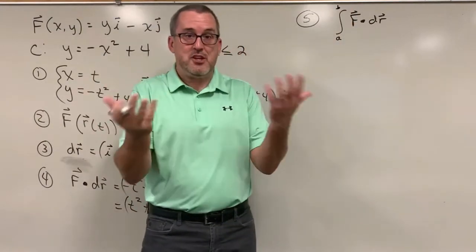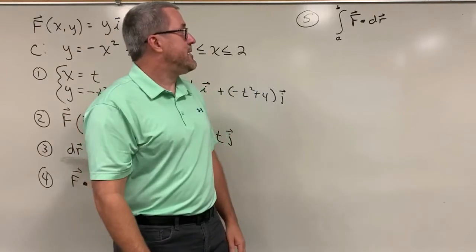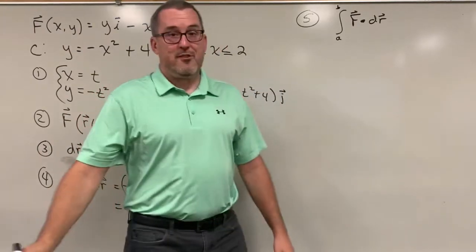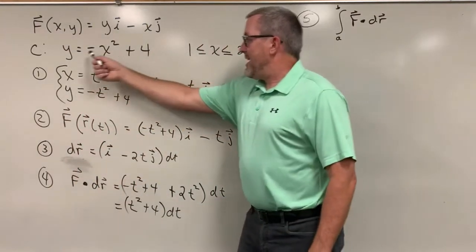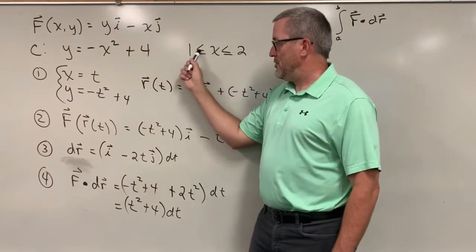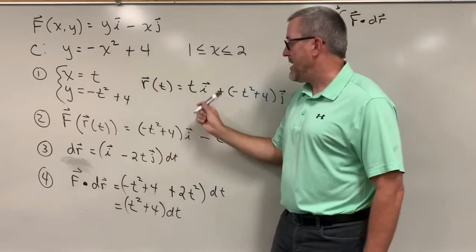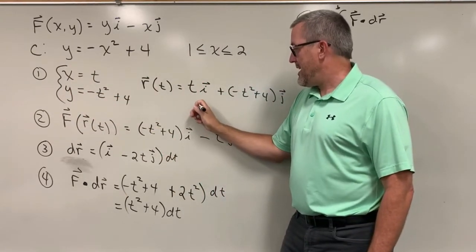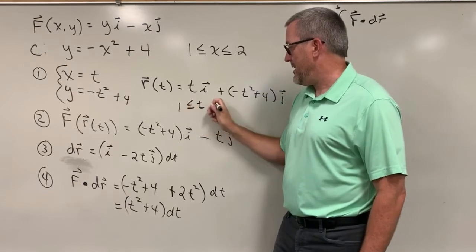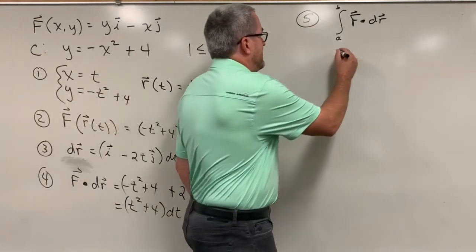And that accumulation of dot products, as we predict, should be positive something. Let's see. Now, the interval from a to b. Remember, in the unparameterized curve, x was only between 1 and 2. We parameterized by letting x equals t, and so now t is also going to be between just 1 and 2. So our integral is going to look like this.